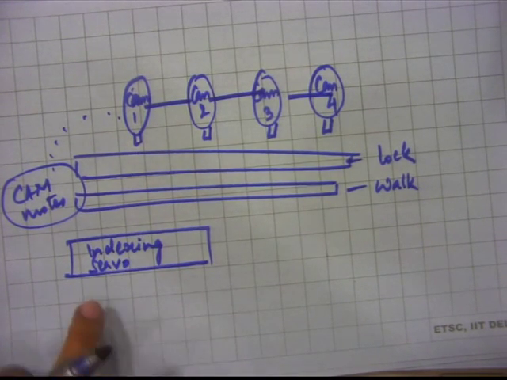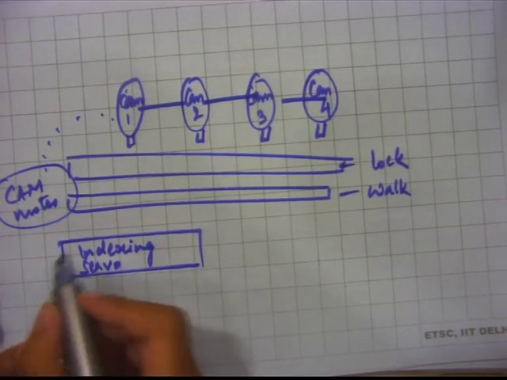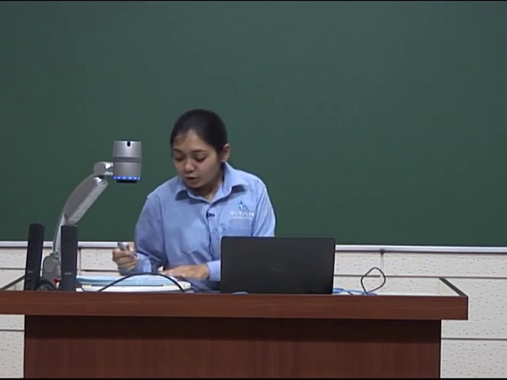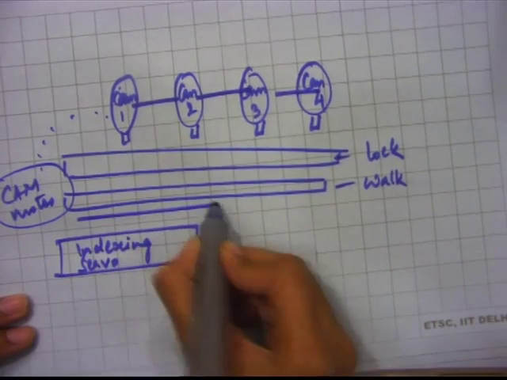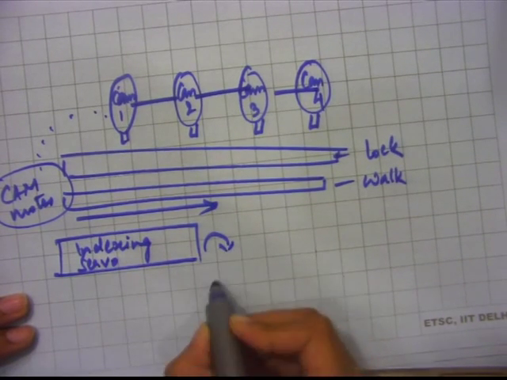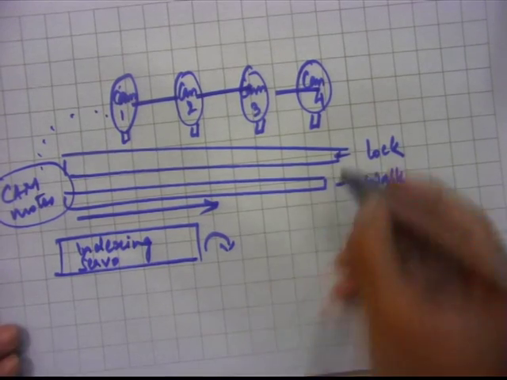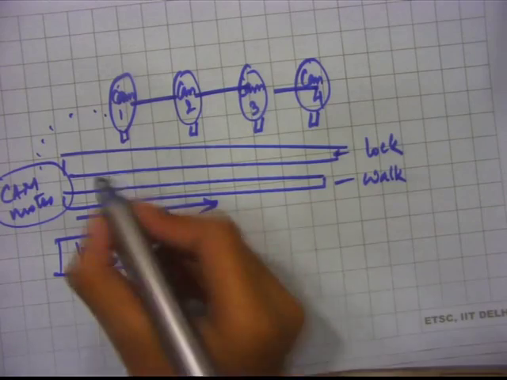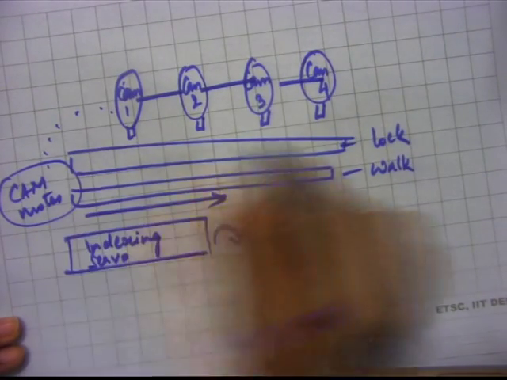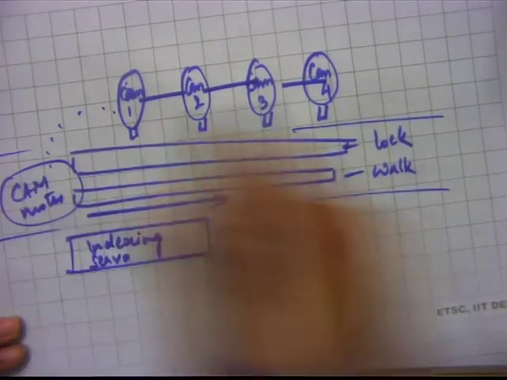Now, the servo motor can move anti-clockwise, clockwise, or it can stop, right? When it moves clockwise, the walking beam goes to the front, and then when it stops there, the locking beam will go up to engage with the pallets. So the pallets are all coming in on a conveyor. All this is a conveyor here.